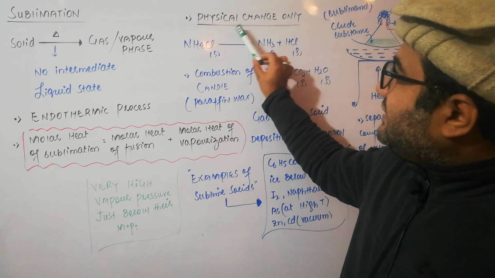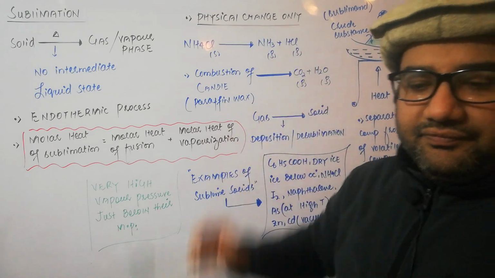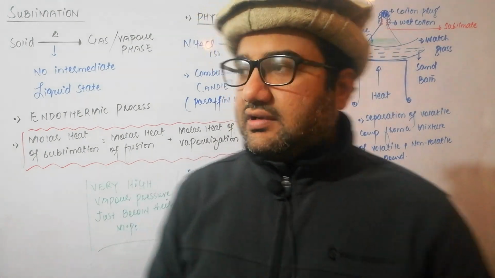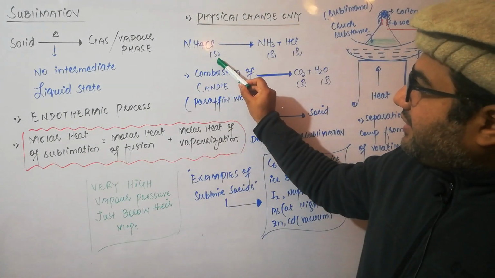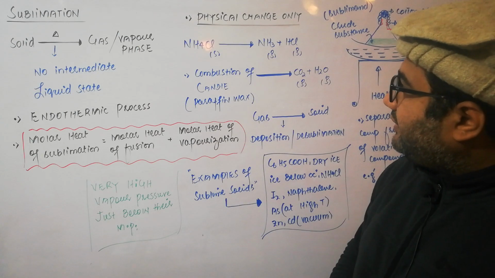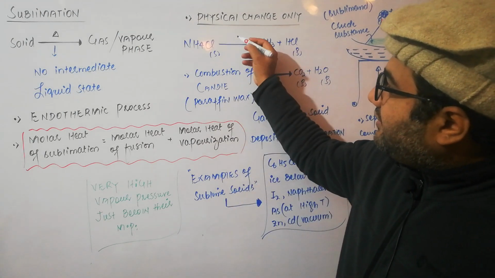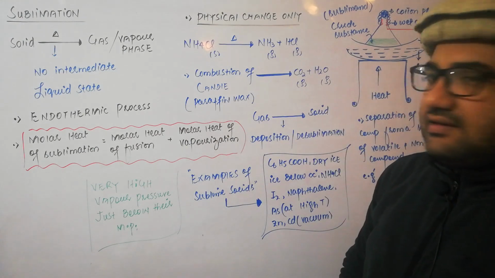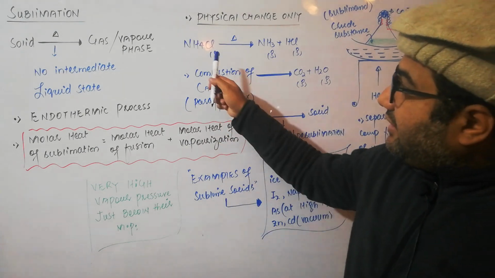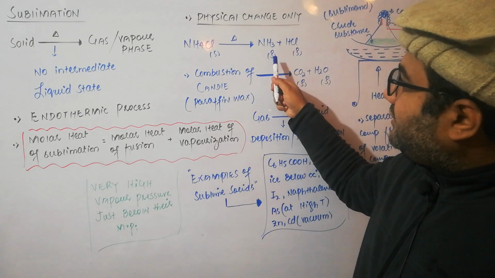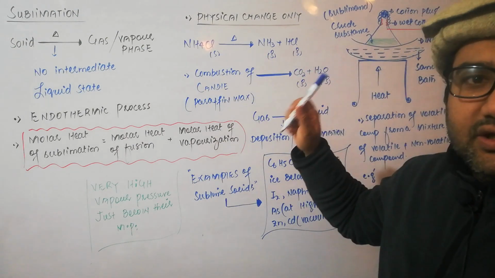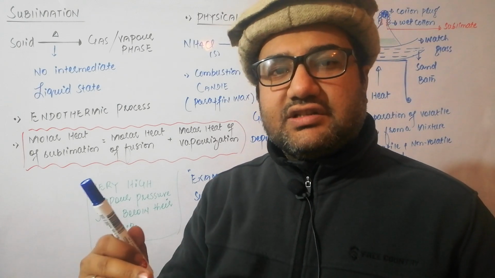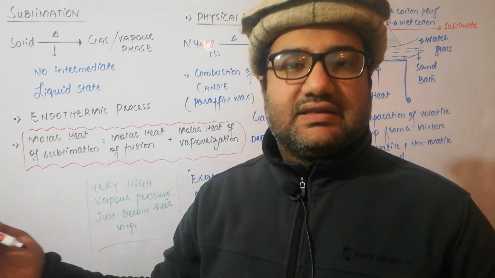Sublimation is a physical change only. You cannot say that if, suppose, ammonium chloride is a solid and you heat it and it is converted to ammonia gas and HCl gas, that is sublimation. Here, after heating, the solid has converted to new substances. This is a chemical reaction in which a solid on heating has changed to two gases.